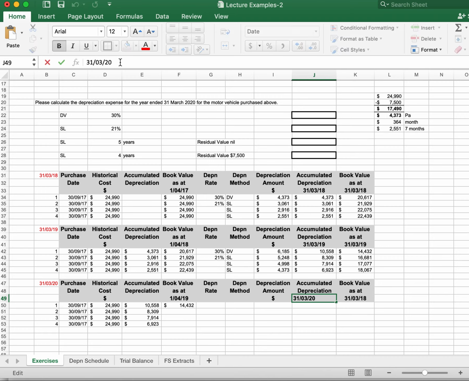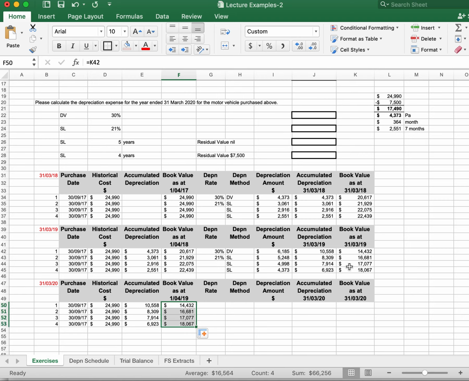That's the book values. They should marry up.